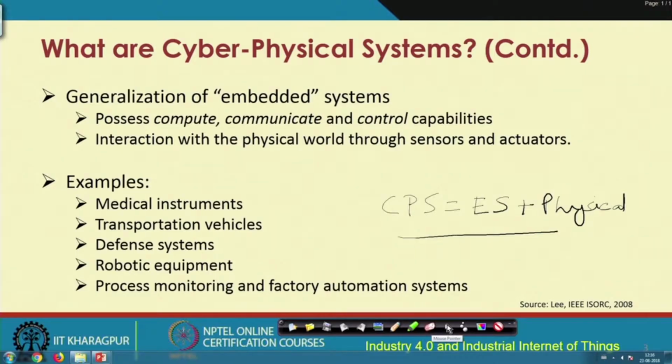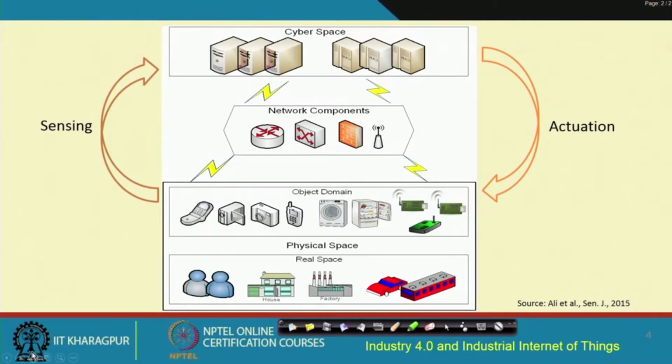Now let us move forward and see how an embedded system works. As I told you, an embedded system has computational capabilities, processing capabilities, communication capabilities and so on.